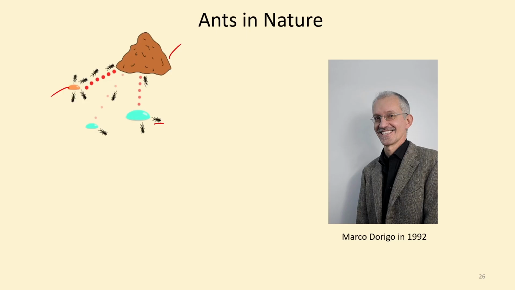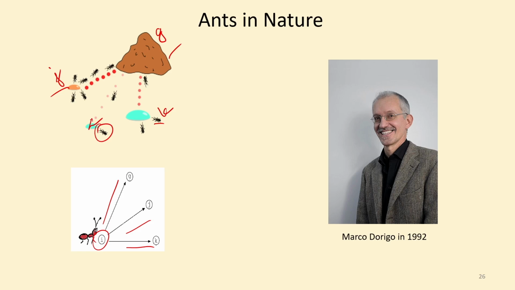But over a period of time, they decide where to go. Let us say this is food position G, this is food position J, and this is food position K. Now, the ant in this position can try to see whether it goes this way, or this way, or this way, right.